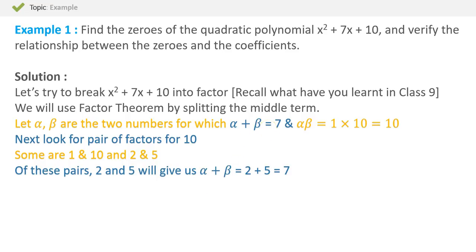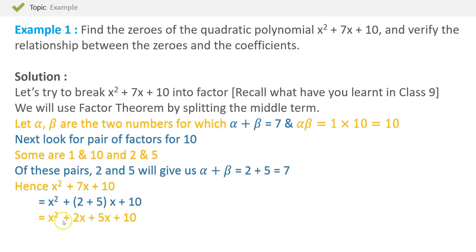And hence I'm going to consider 2 and 5 as the pair to be used for splitting the quadratic polynomial by the factor theorem. And hence, here you go. x square plus 7x plus 10 gets expressed as x square plus 7 split as 2 plus 5, and then 10.